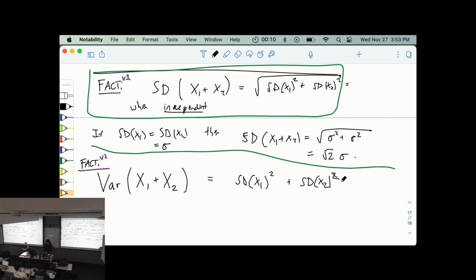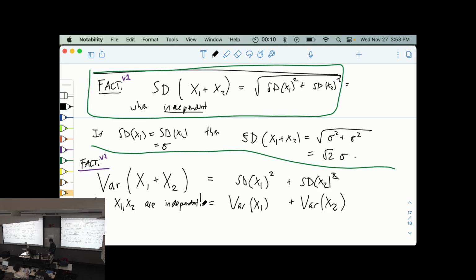So you could equally well write the variance of x1 plus the variance of x2. In other words, the variances add, even though the standard deviations Pythagoras add. And this is when x1, x2 are independent.